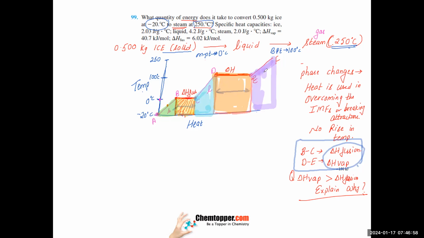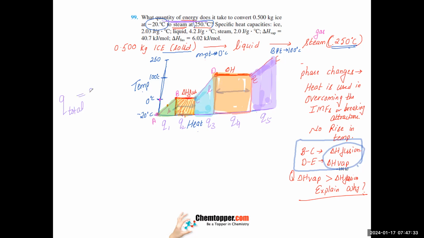So we have to understand what equation I'm going to use for different parts. The first one I'm calling Q1, second Q2, third Q3, fourth Q4, fifth Q5. And then I will say Q total. Q is heat. Q total, that's the question, the total quantity of energy.